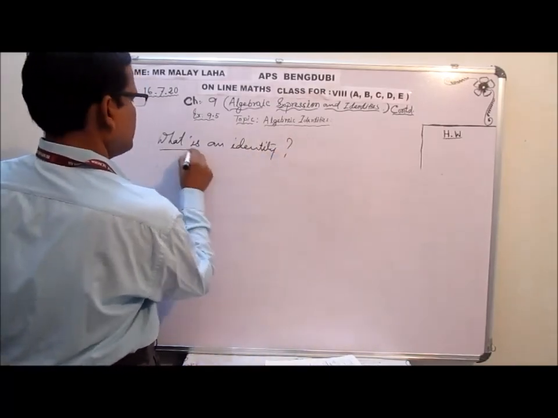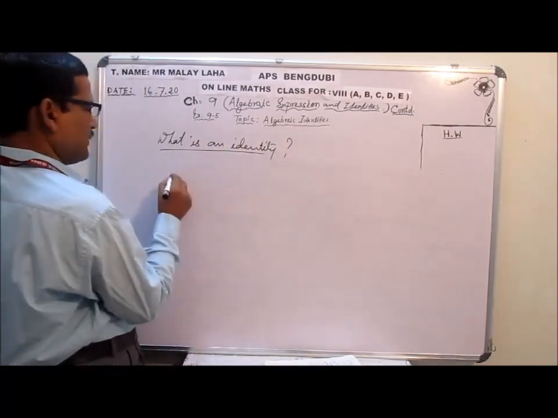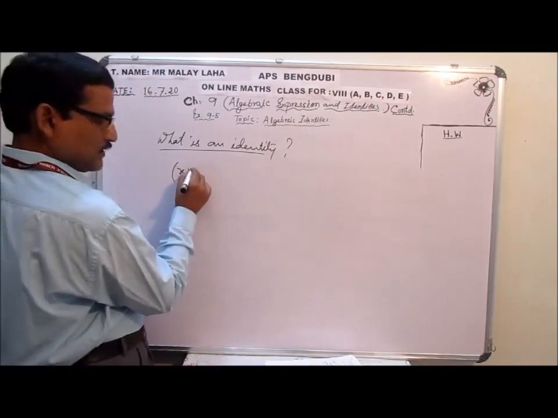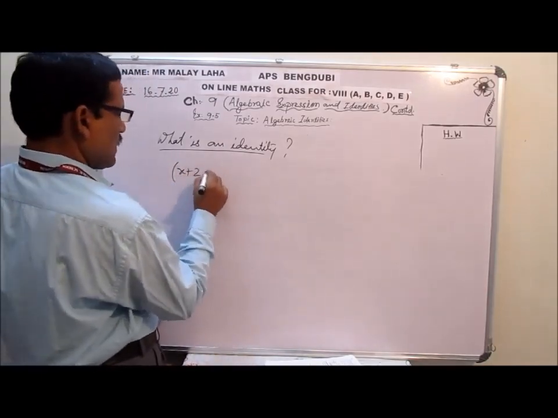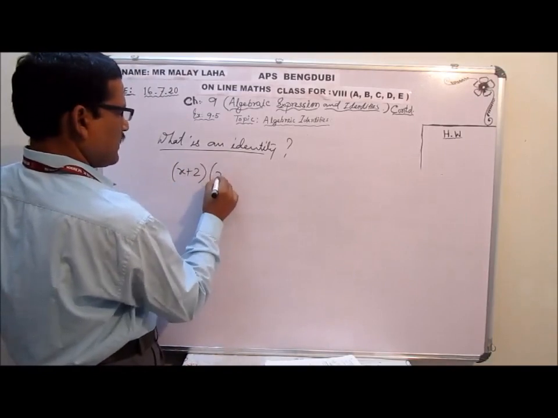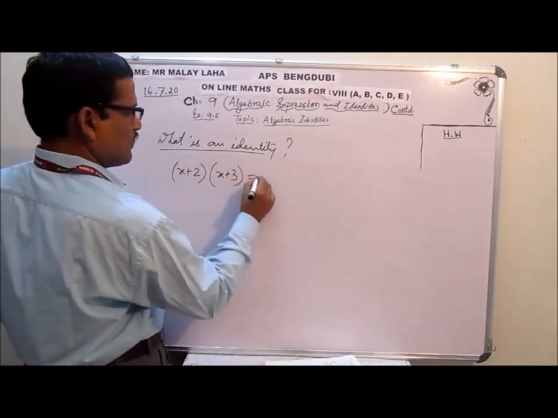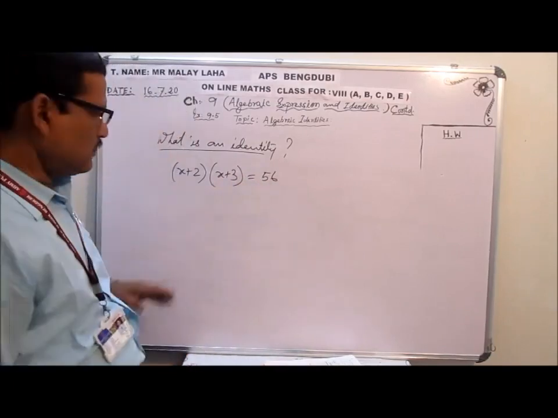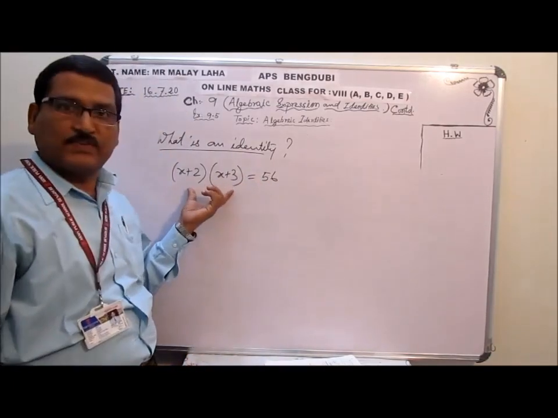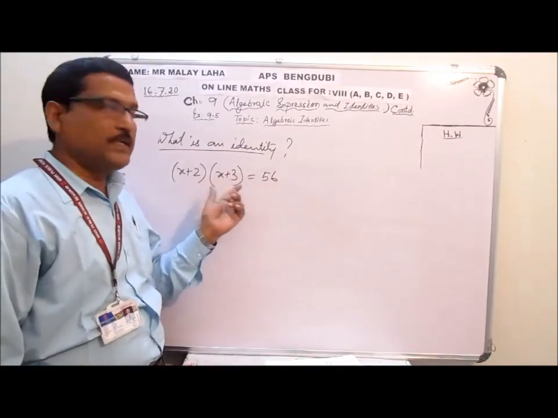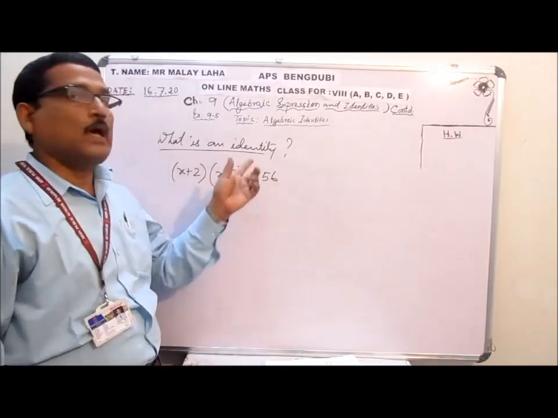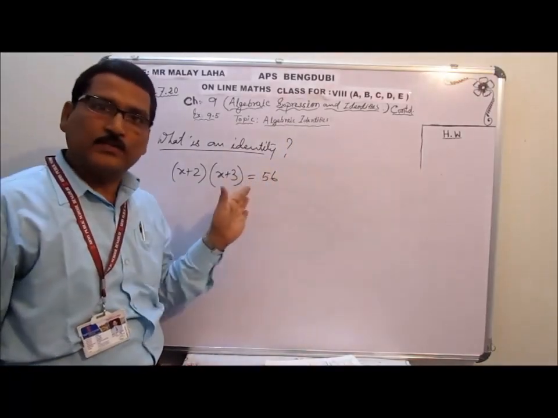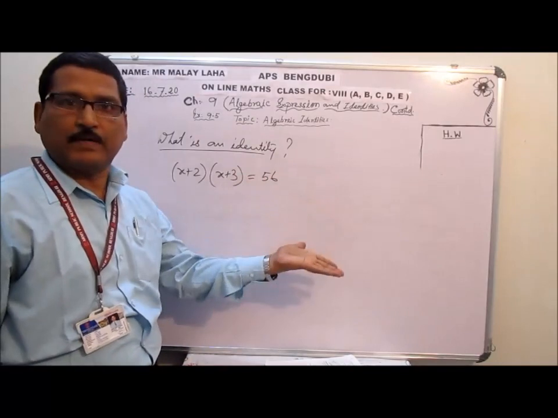Let (x plus 2) and (x plus 3) equal 56. Clear? What is this? This is an expression that equals this, so it is an equation. In the other case, (a plus b) whole square, I am writing a square plus twice ab plus b square. That is also an equation: first part, second part, equality.